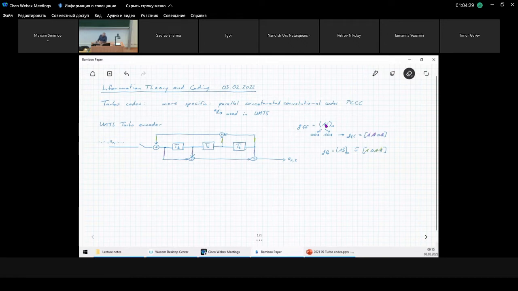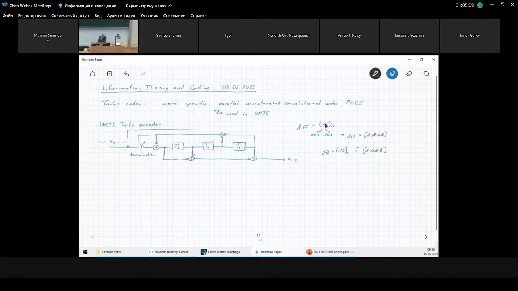Okay, so let's complete this here. We also want to have the termination. We already studied yesterday that we can get this by shifting the input to the feedback. And I already said we have a recursive systematic code, so one of the outputs will be directly the same as the input.